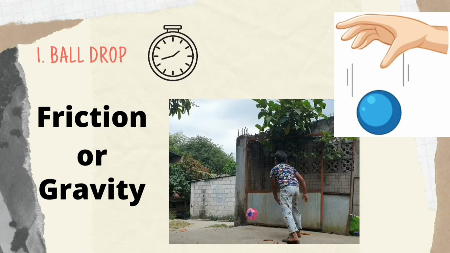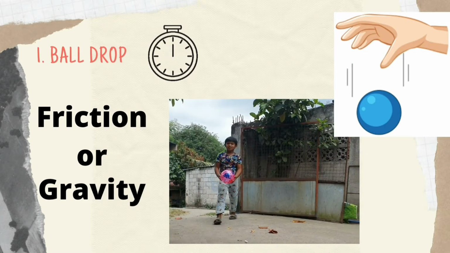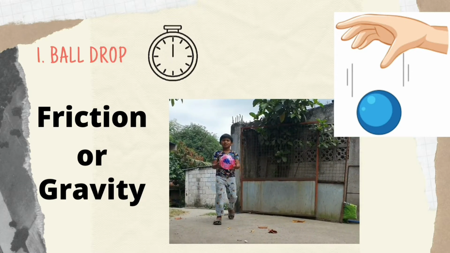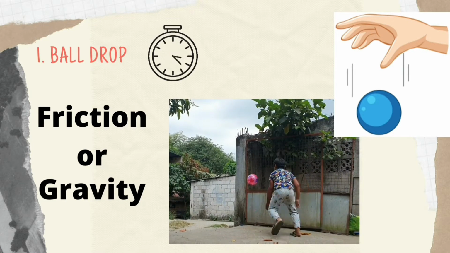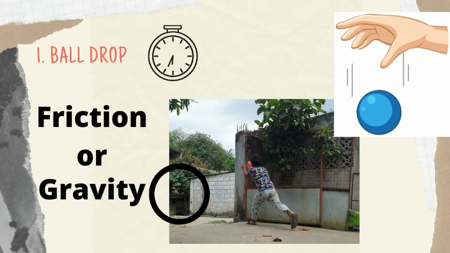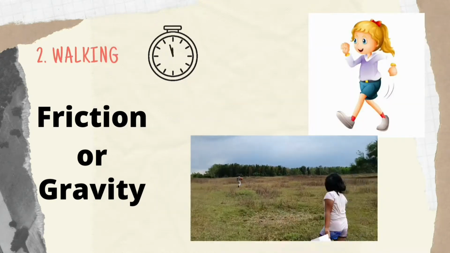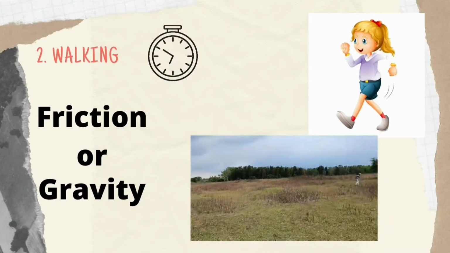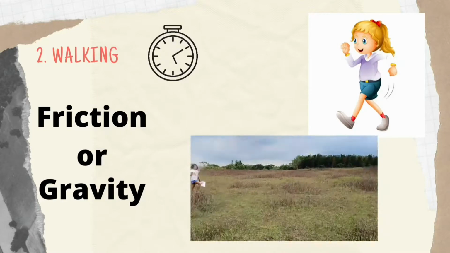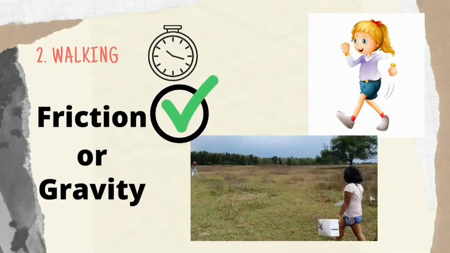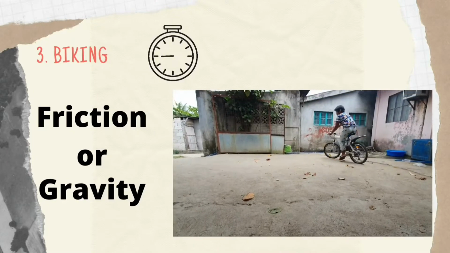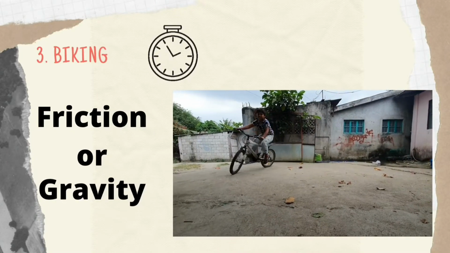Number 1. Ball drop. Gravity is correct. Number 2. Walking. Friction is correct. Number 3. Biking.